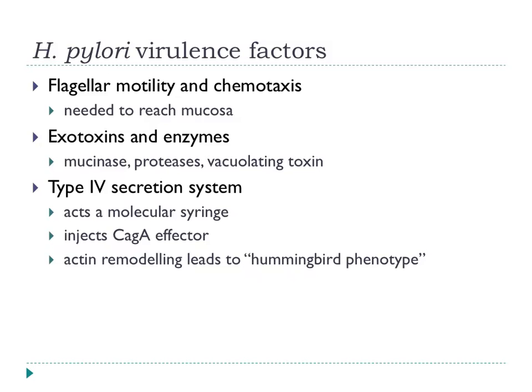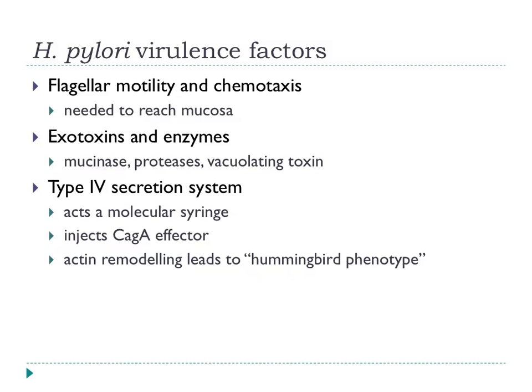There are a range of other virulence factors associated with H. pylori in addition to urease. We need the flagellum, this kind of whip-like organelle that gives it motility. There are a number of exotoxins and enzymes. And there's a different kind of molecular syringe here known as a type 4 secretion system, which injects a particular effector, the CagA effector, into host cells.